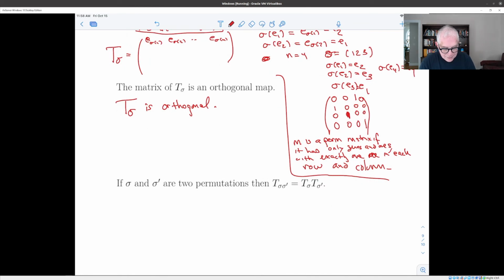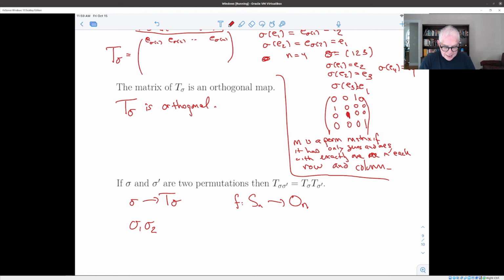And this map from sigma to T sigma is actually a homomorphism from the symmetric group into the orthogonal group. So this is a map F, which takes you from the symmetric group to the orthogonal group. And the reason it's a homomorphism is because sigma 1 sigma 2 is, by definition, the composition of the maps: first do sigma 2, then do sigma 1.